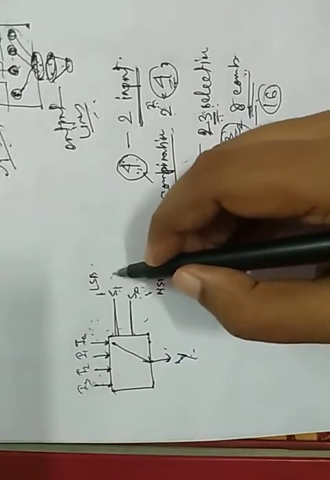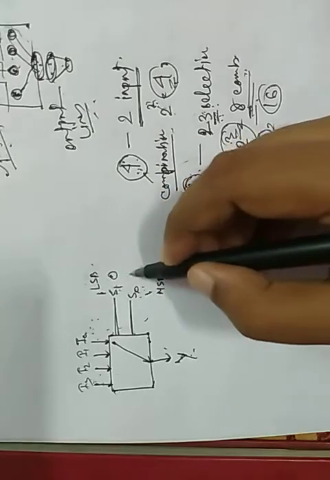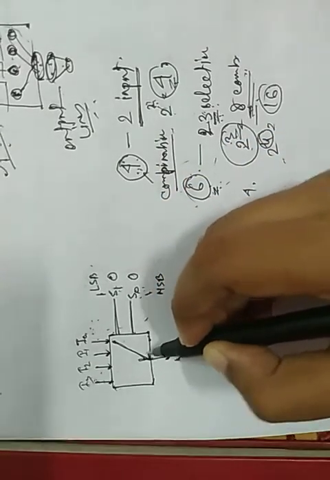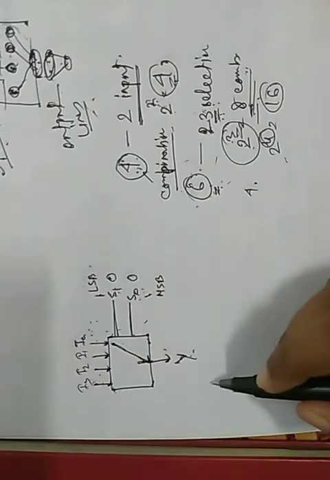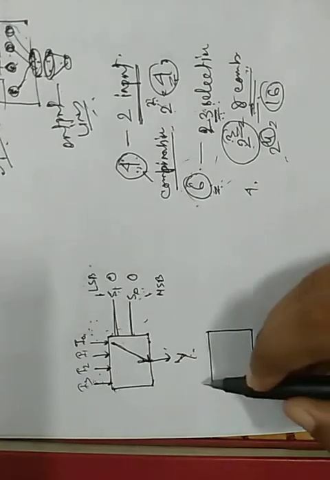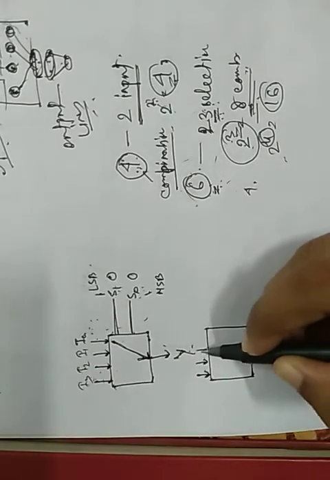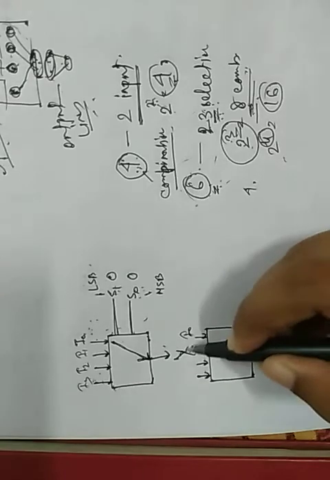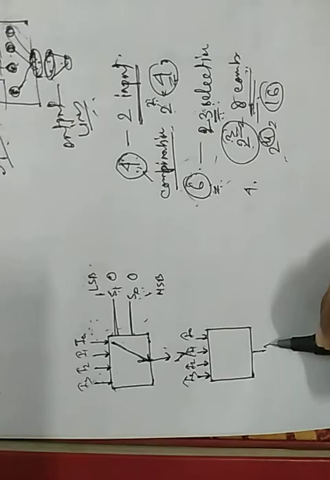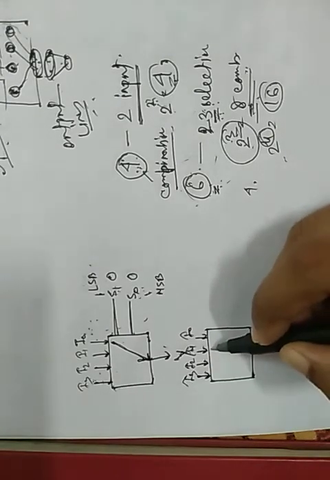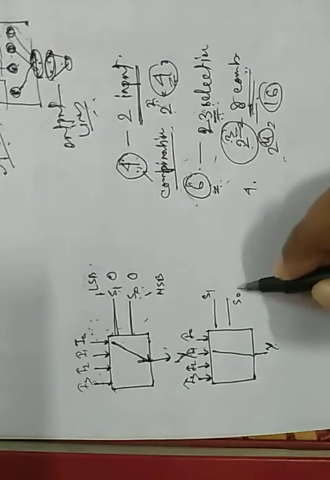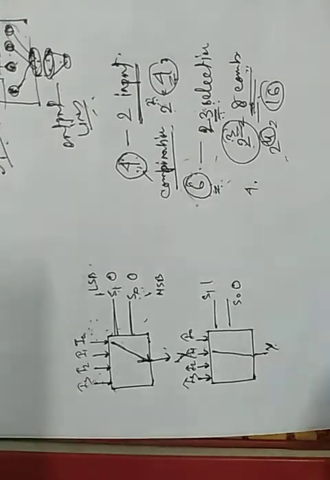When S1 and S0 are 0 0, it will select I0. Suppose there are I0, I1, I2, I3, and Y. If we need I1 on the output, then our selection lines S1 and S0 will be 0 1.